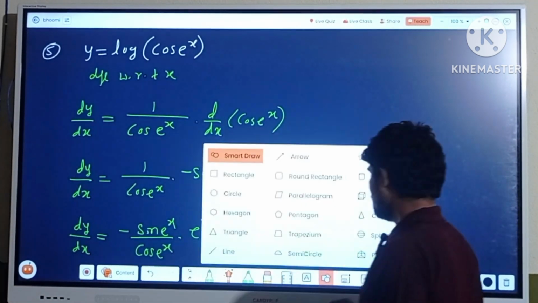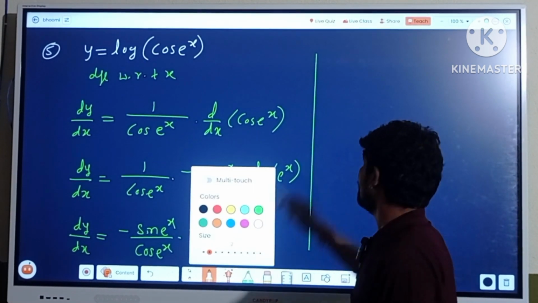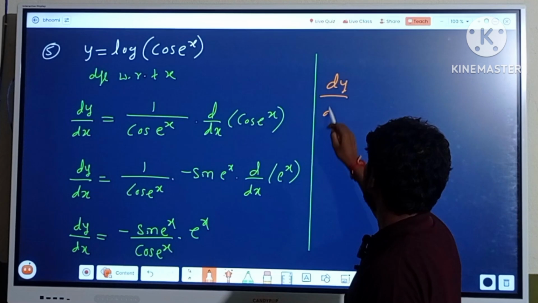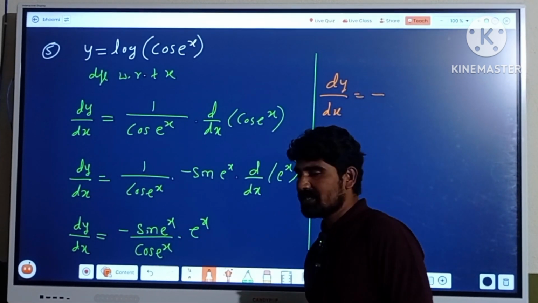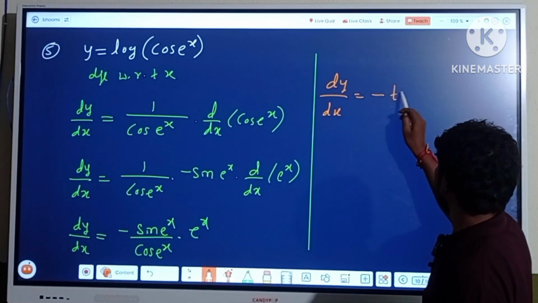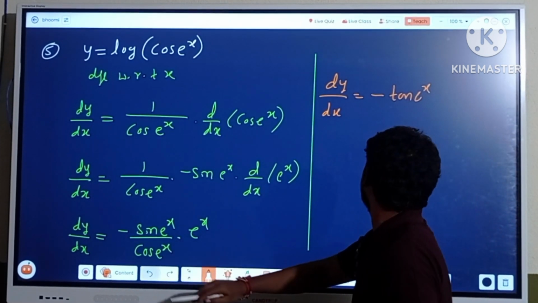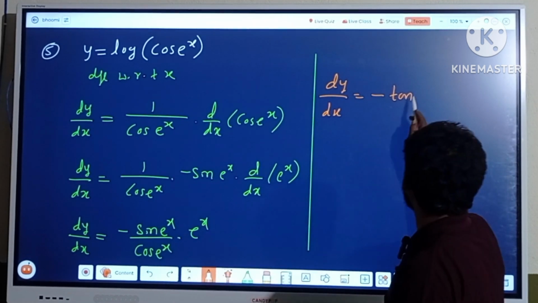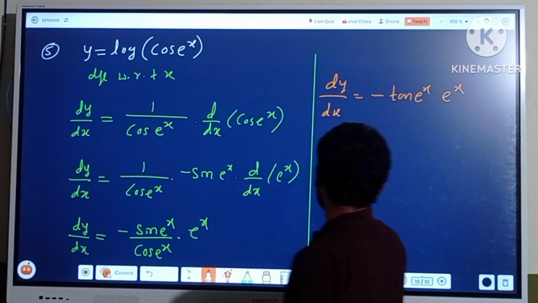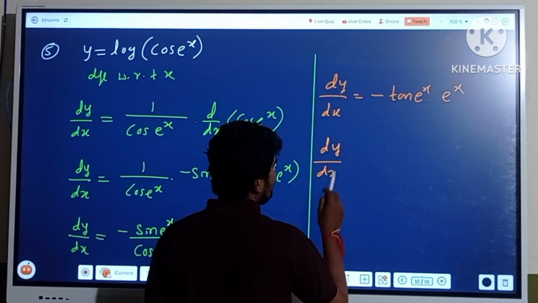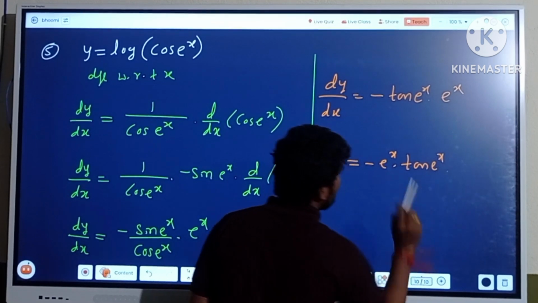So therefore, required dy by dx is equal to minus sin e power x divided by cos e power x, which is tan e power x, tan e power x into e power x as it is. So hence finally dy by dx is equal to minus e power x into tan e power x.